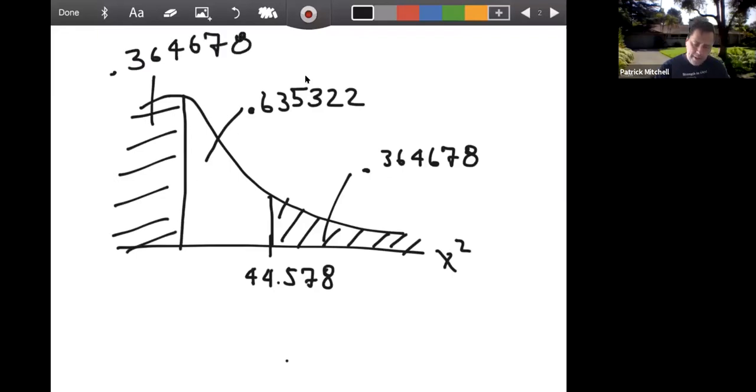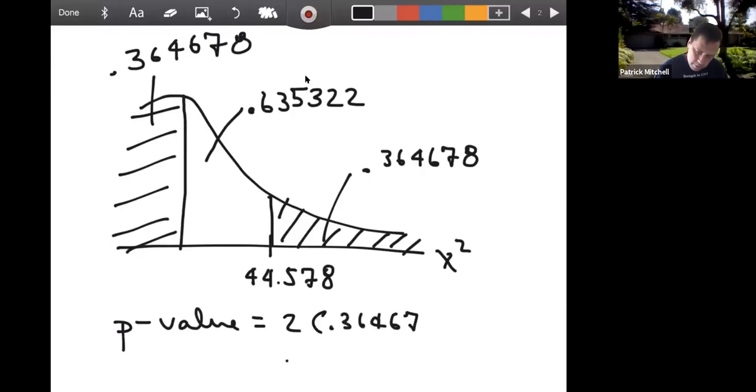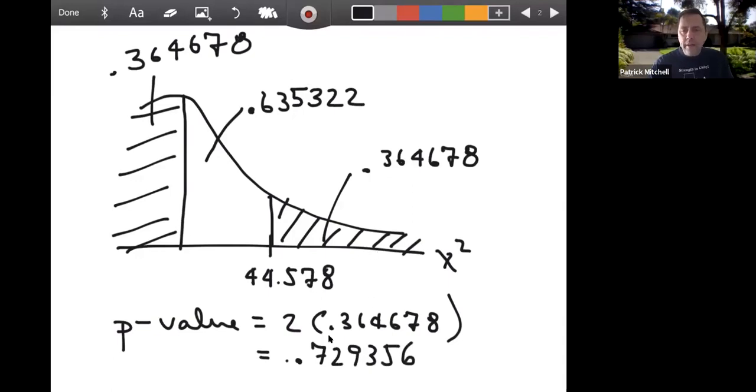So that means that the p-value that the problem is asking for is going to be 2 times 0.364678, which comes out to 0.729356. Okay. So that's the value that my math lab wants.